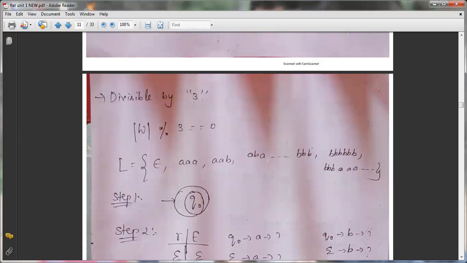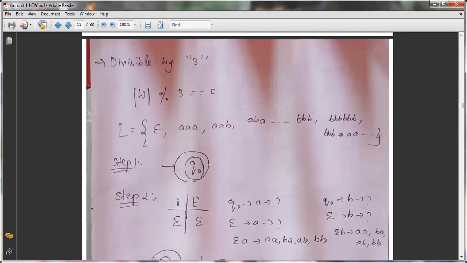Now I am going to discuss divisible by 3. What I have discussed previously is divisible by 2, but I am going to discuss divisible by 3 here. So what is the language we need? Epsilon, A, B, and so on. Like this.